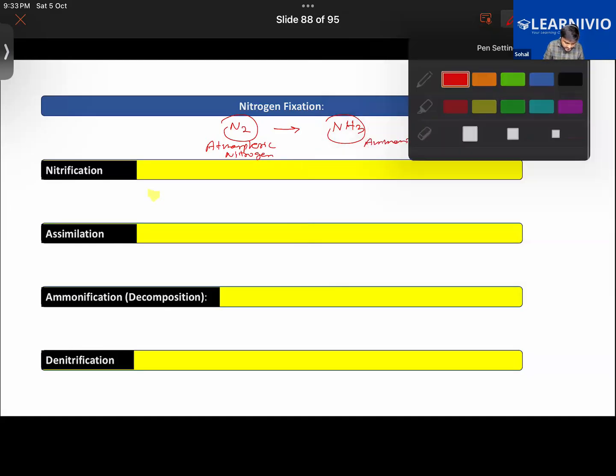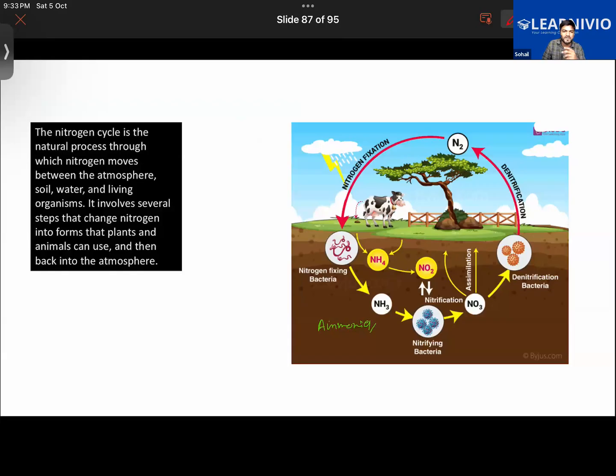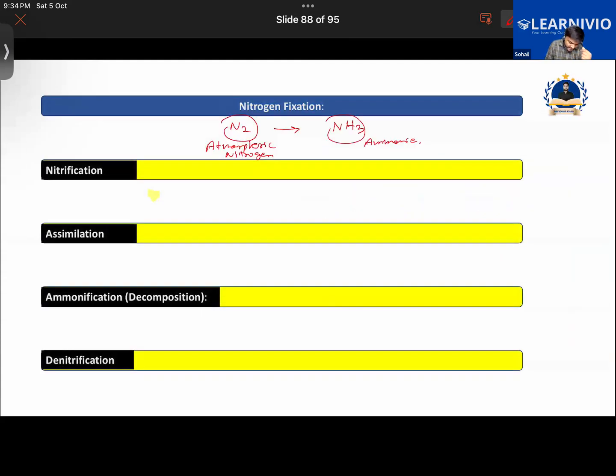Further, in the process of nitrification, there are different groups of bacteria that are going to convert this ammonia into nitrates and nitrites. So in nitrification, ammonia is converted by nitrifying bacteria into nitrates and nitrites.